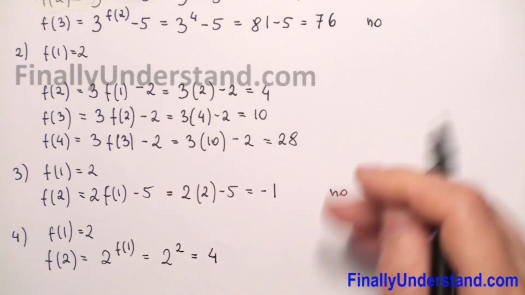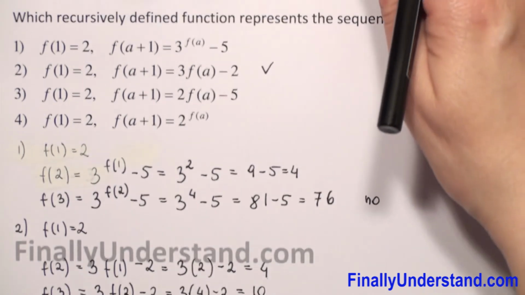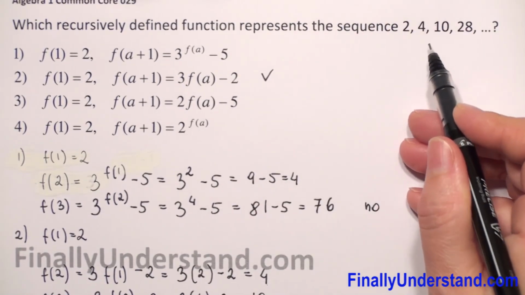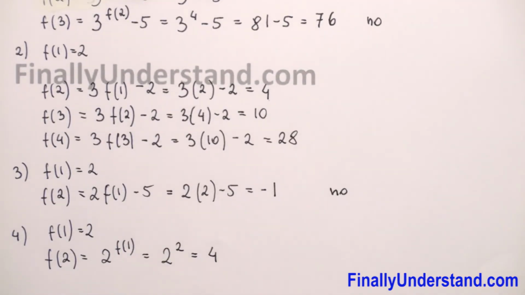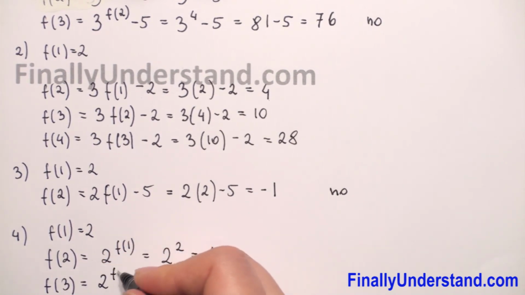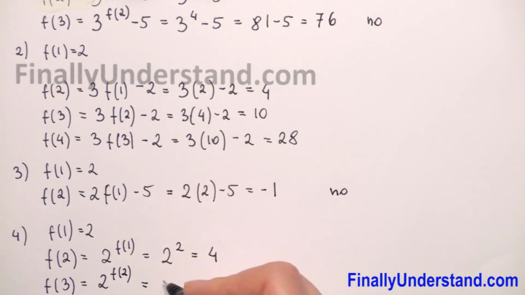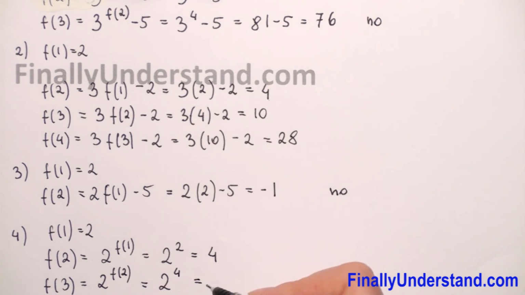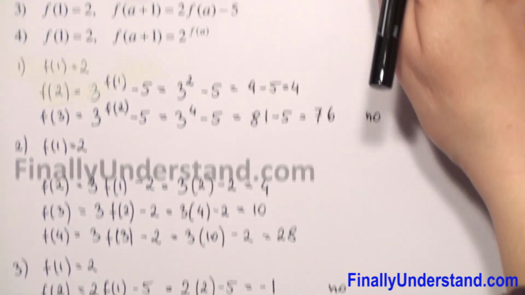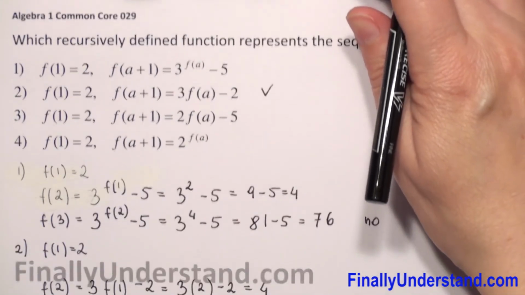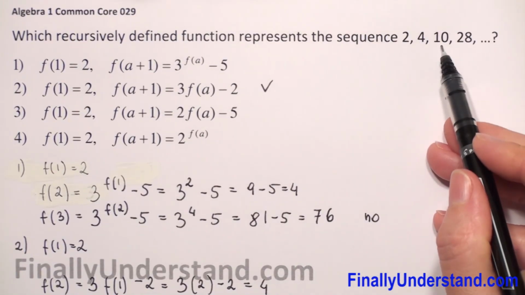So this is 4. The second term is 4. Everything is okay. Let's see the third: f of 3 will be 2 to the power of the term before, so f of 2. So this is equal to 2 to the power 4, which is 16. And our third term is 10, so it's not the same.